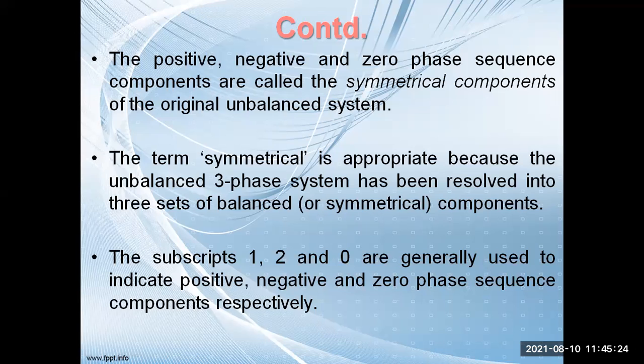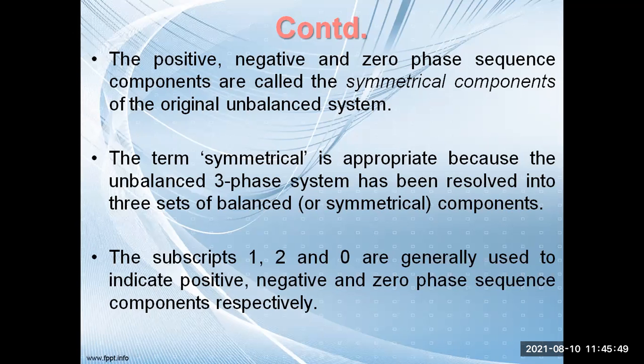Now the subscripts 1, 2, and 0 are generally used to indicate positive, negative, and zero phase sequence components respectively. Whenever we call, let us say, positive sequence current, the subscript will be 1. When there is a negative phase sequence, the subscript will be 2. And whenever there is a zero sequence current, the subscript we normally use is 0.